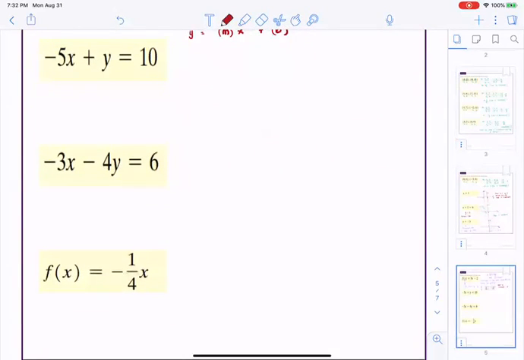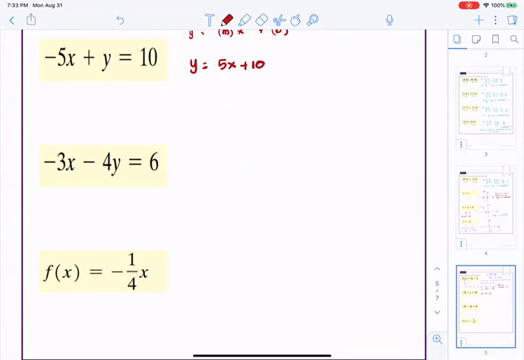In the next equation, we don't have y equals something. Rather, we have minus 5x plus y equals 10. So the first thing that we have to do is to make sure that only y is on the left-hand side. How do we go about doing that? Keep y on the left-hand side, move the negative 5x to the right-hand side. If negative 5x moves from one side to another, it would become positive 5x. And we already have a 10 on the right-hand side.